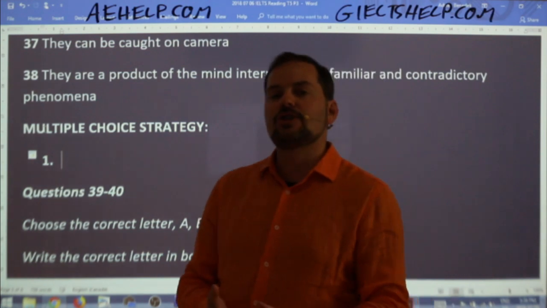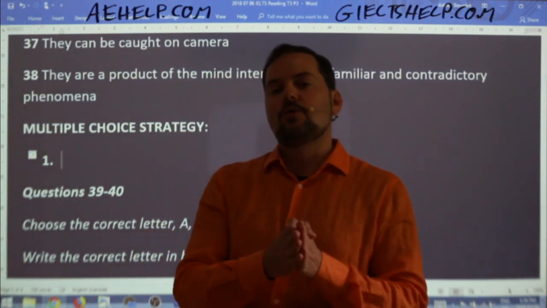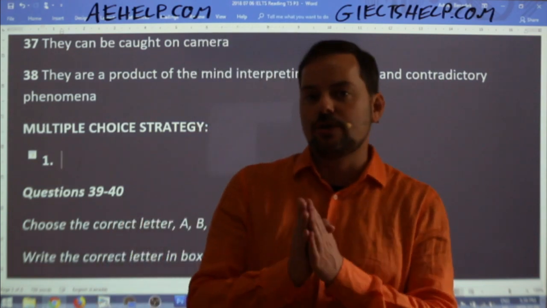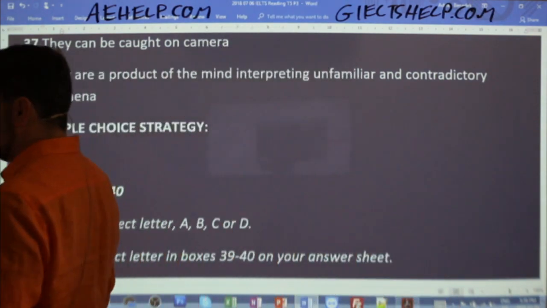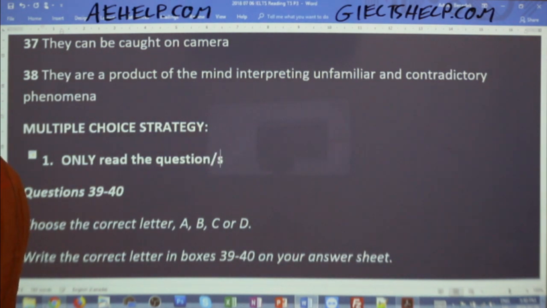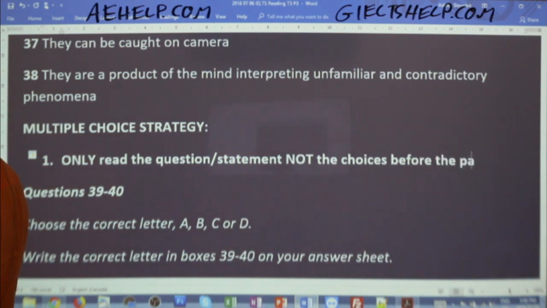So multiple choice strategy. Multiple choice questions, make sure you only read the question and not the answer choices before the reading, okay? So only, and I mean only, read the question or statement, not the choices before the passage.